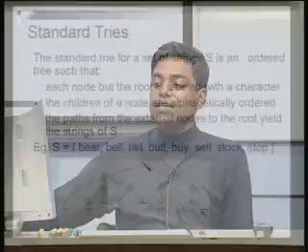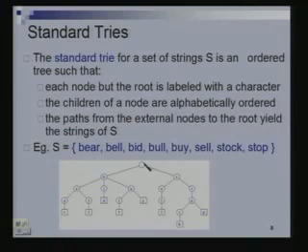So one way of organizing it is that each node has an array of size 26 sitting inside it, right? And the first location of the array points to the node corresponding to A, second to the node corresponding to B, third to the node corresponding to C, and so on. Right? If you organize it as an array, you waste space.